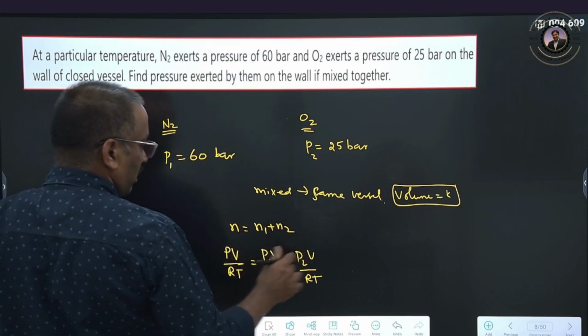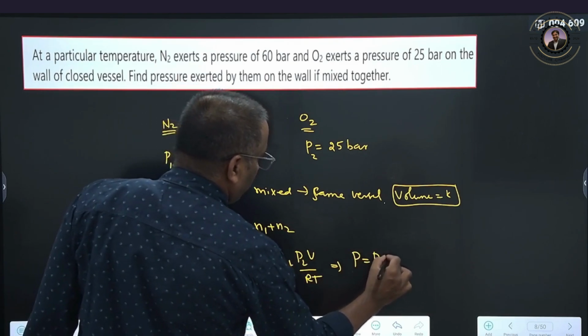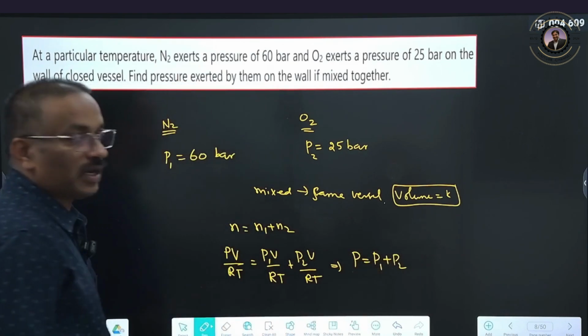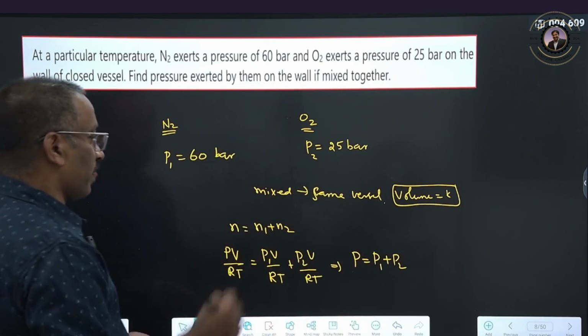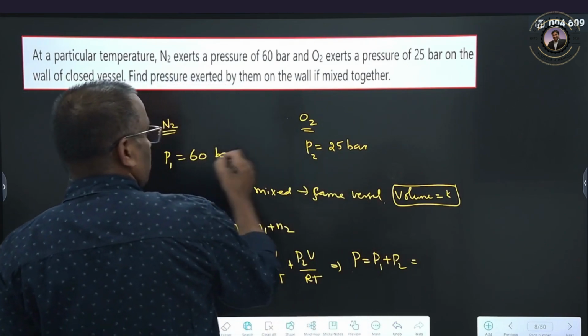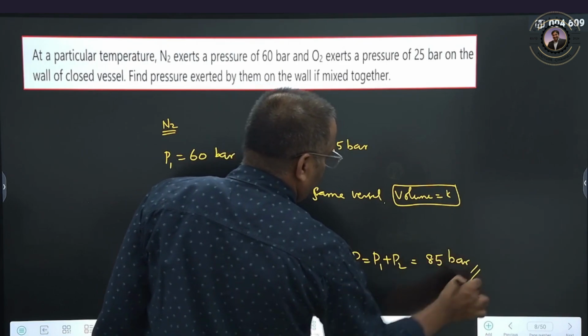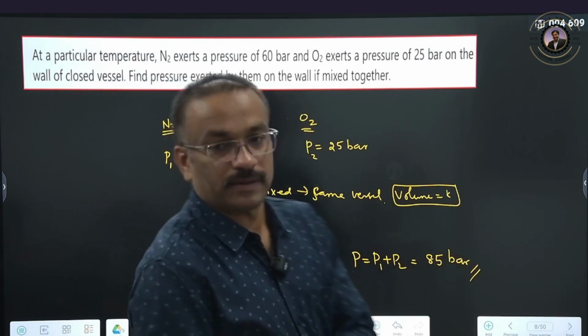V by RT taken common cancels, so P equals P1 plus P2. This is nothing but Dalton's law. So you can just add them: 60 plus 25, so 85 bar will be the pressure exerted by the gas.